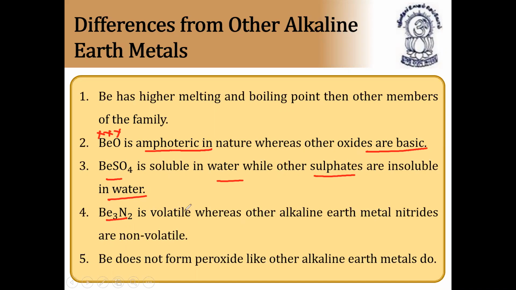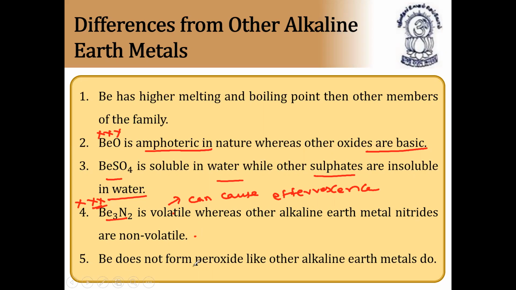Beryllium nitrate is volatile, whereas other alkaline earth metal nitrates are non-volatile. Very, very important point.